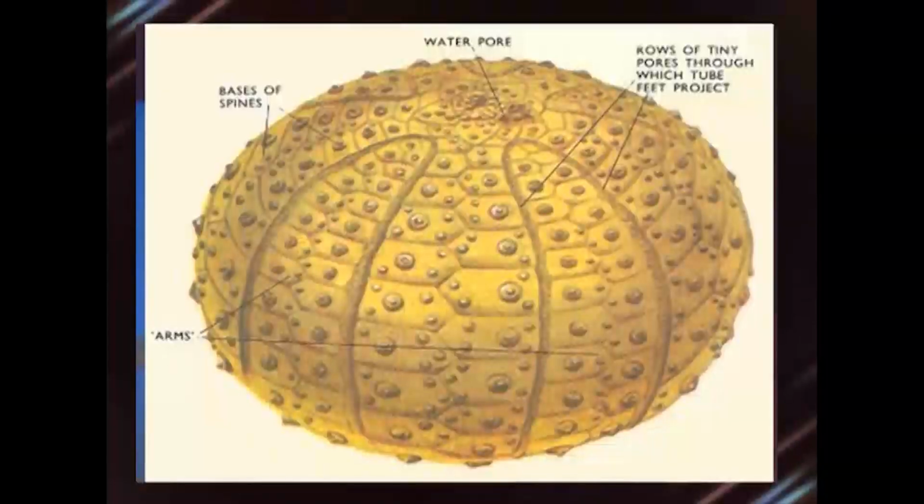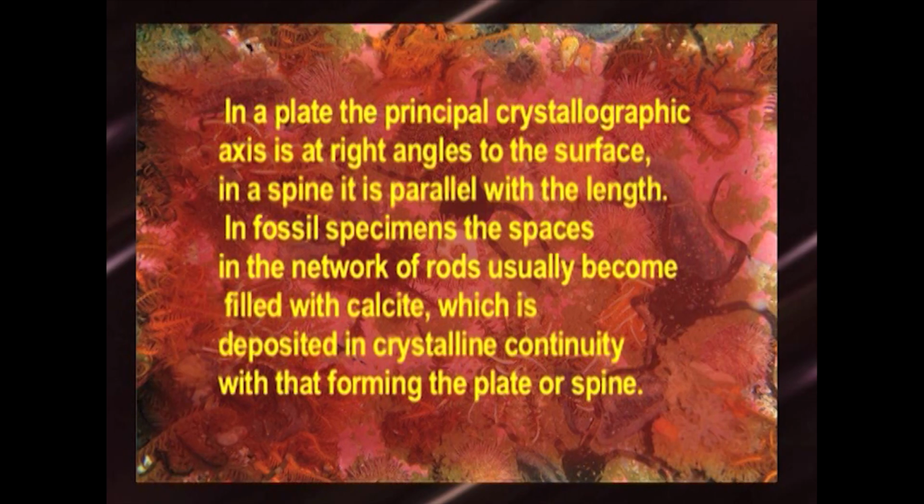Another characteristic feature of the skeleton is that each component part shows the optical characters of a crystal of calcite and differs only from an ordinary crystal in not having the crystal contours and in the possession of the netted structure. In a plate, the principal crystallographic axis is at right angles to the surface. In a spine, it is parallel with the length.